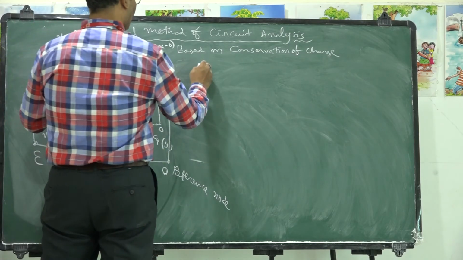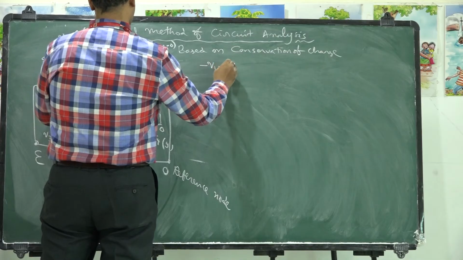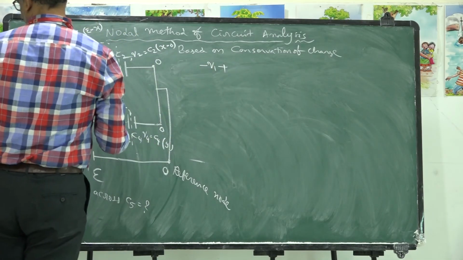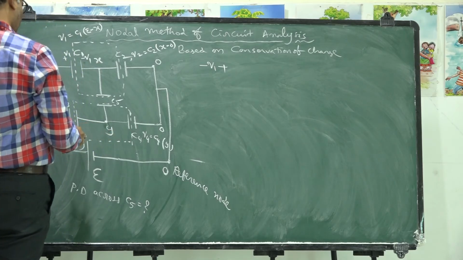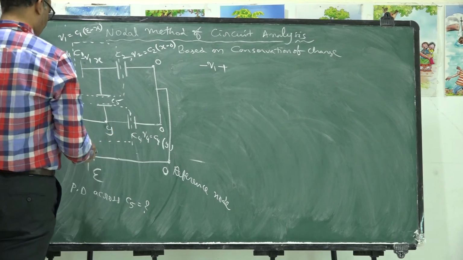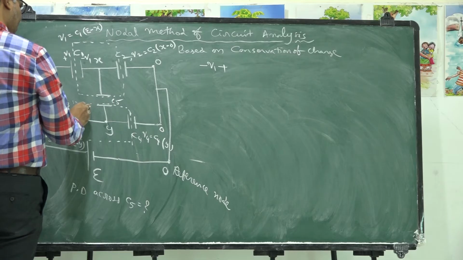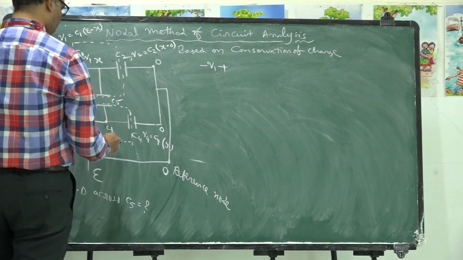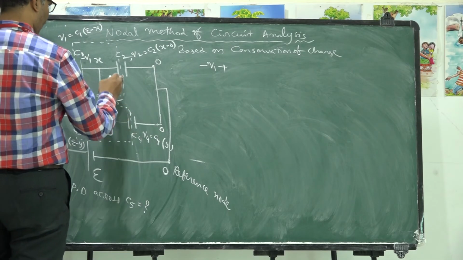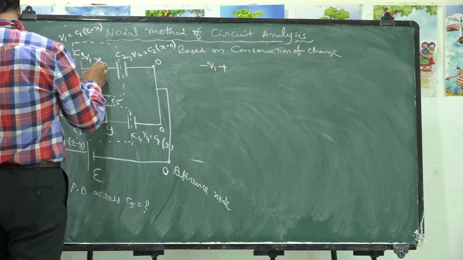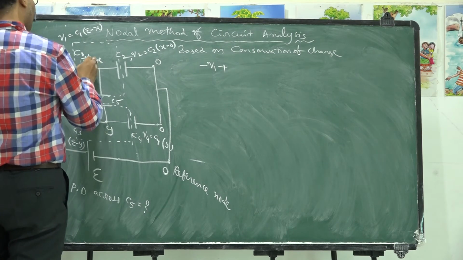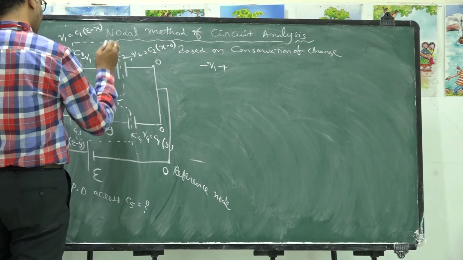So minus q1 here. Let us assign the potentials. So obviously this is positive, this is negative. Here the charge is coming like this. So you will have negative charges coming like this, means it is negative potential.